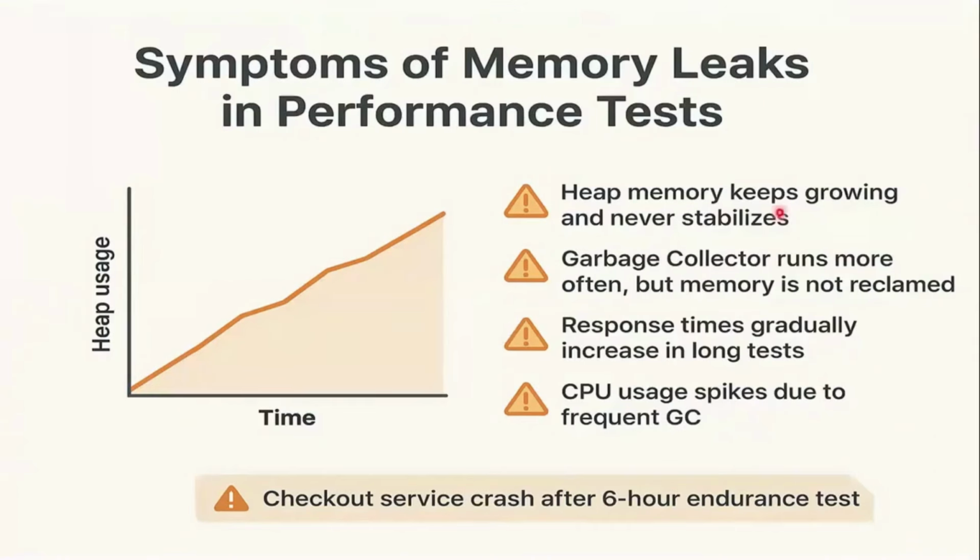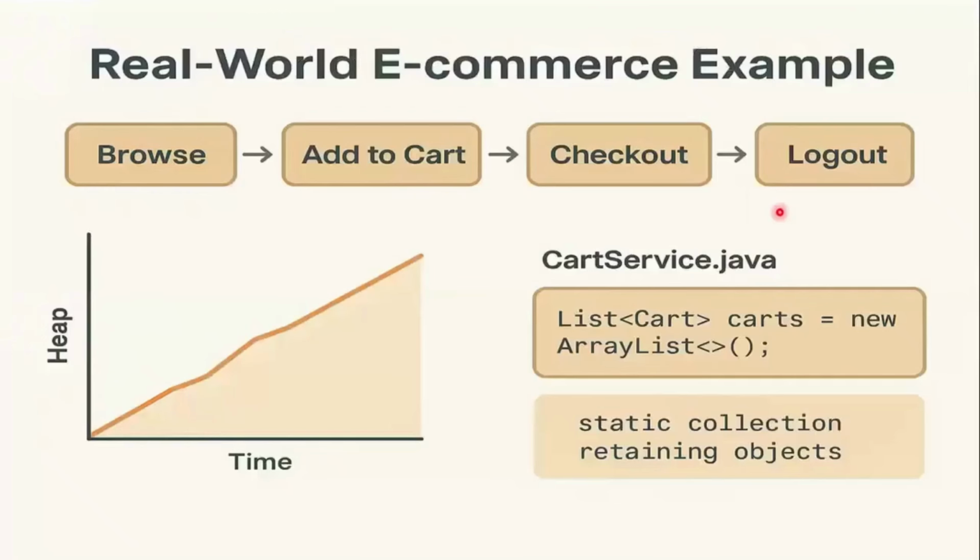Now, let's make it concrete with a real world e-commerce example. Imagine we are testing an e-commerce app with 500 virtual users. They browse the products, add the items to the cart, and then they do the checkout and log out. Ideally, the memory usage should rise and fall as the objects are created and garbage collected.